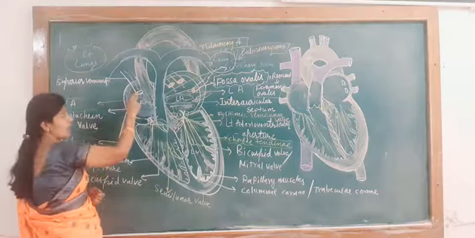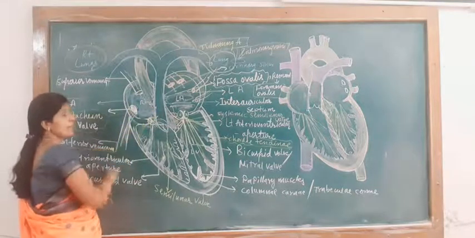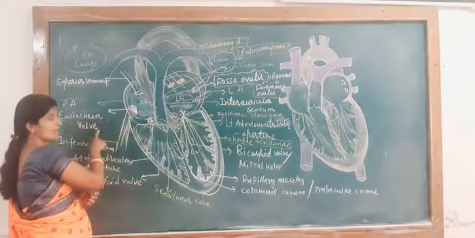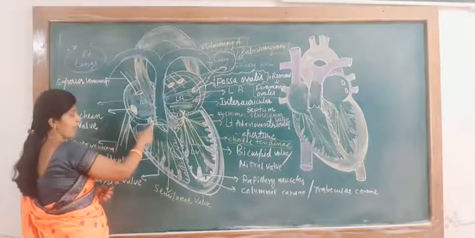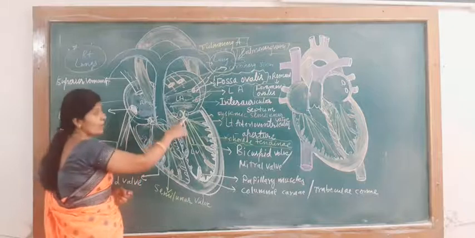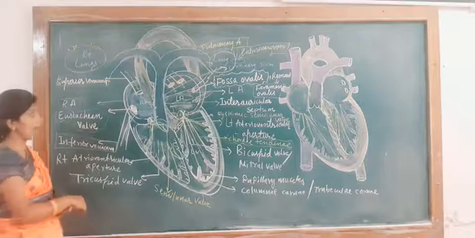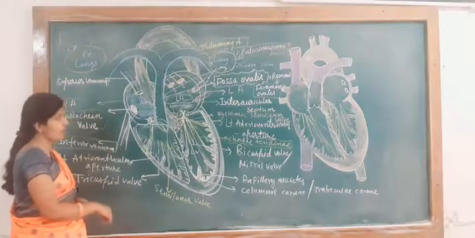Superior vena cava does not have any valve. Coronary sinus has the Thebesian valve. Inferior vena cava has the Eustachian valve. The right atrioventricular aperture has the tricuspid valve. The left atrioventricular aperture has the bicuspid valve. The pulmonary aorta has the pulmonary semilunar valve.